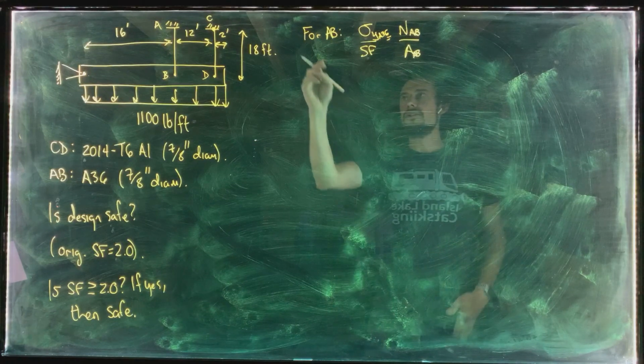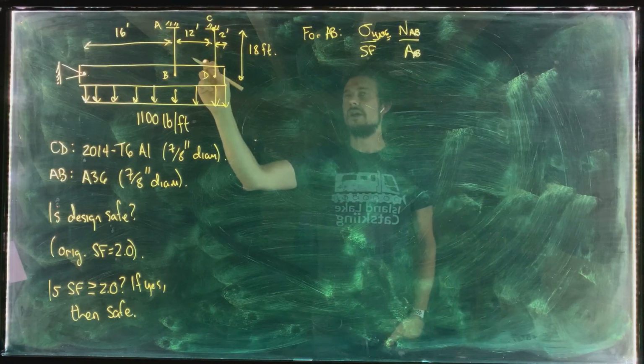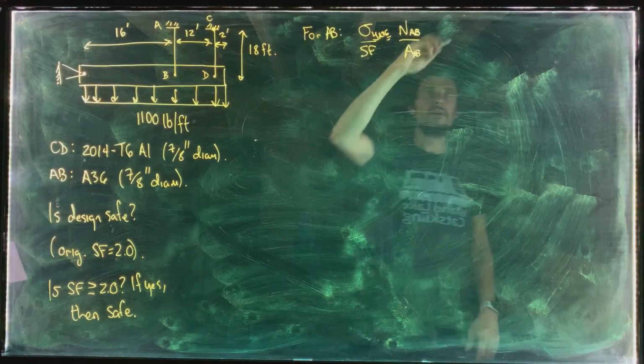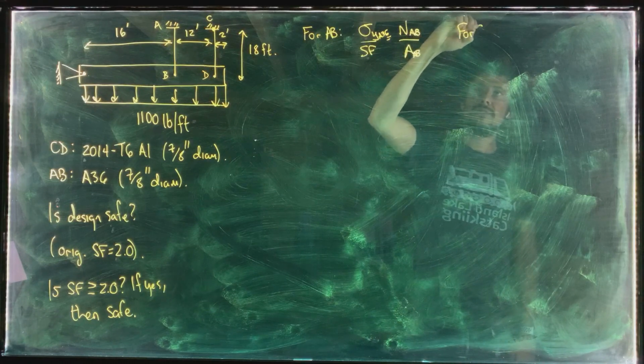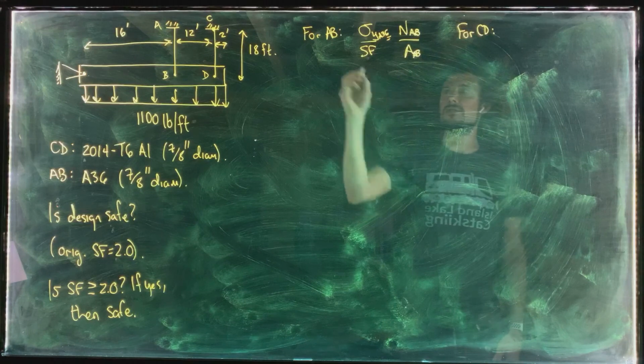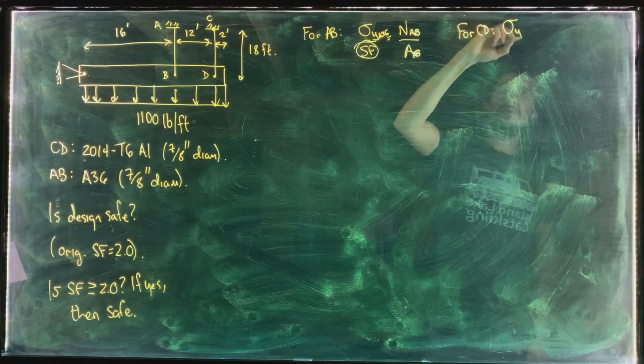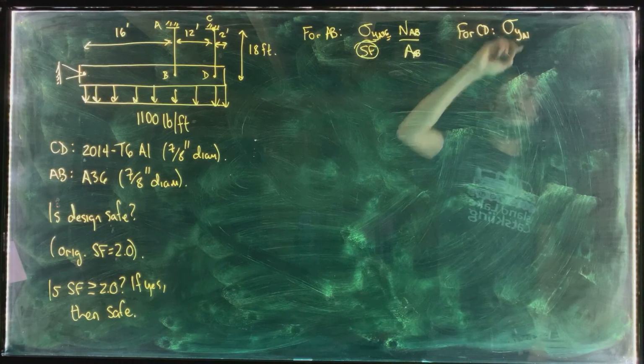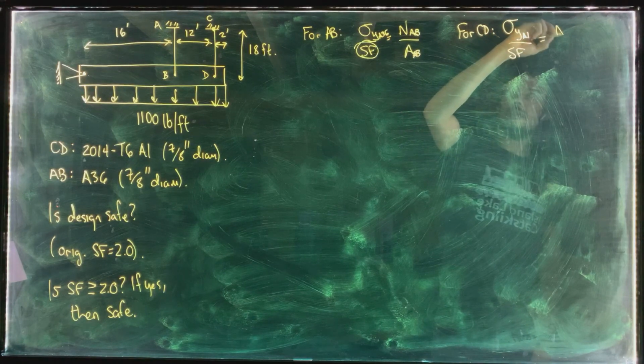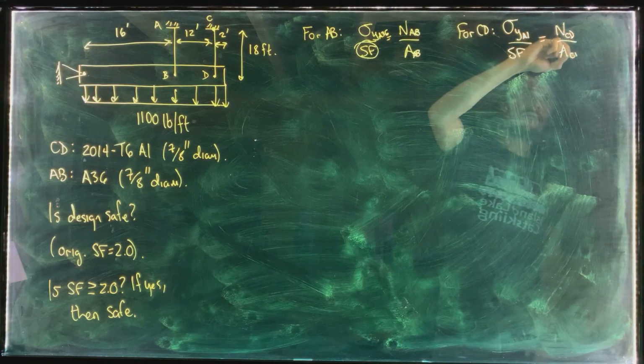And then we'll do the same thing for CD. So we'll solve for the safety factor here. So for CD, we'll use the yield strength of the aluminum divided by the safety factor, and we'll set this equal to NCD divided by the area of CD.